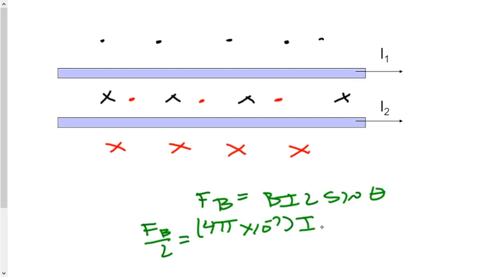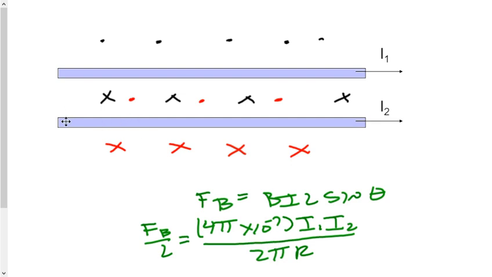Then we would have I2 times I1, because the I1 is for the magnetic field, and then we'll divide that by 2 pi r. We take the L and divide it into the other side. So this right here, 4 pi times 10 to the minus 7 times I1, is the magnetic field caused by this wire, and then of course including the divided by 2 pi r. And then the I2 is for the I in our BIL equation, and then I took L to the other side. So the force magnetic per unit length would have this equation.